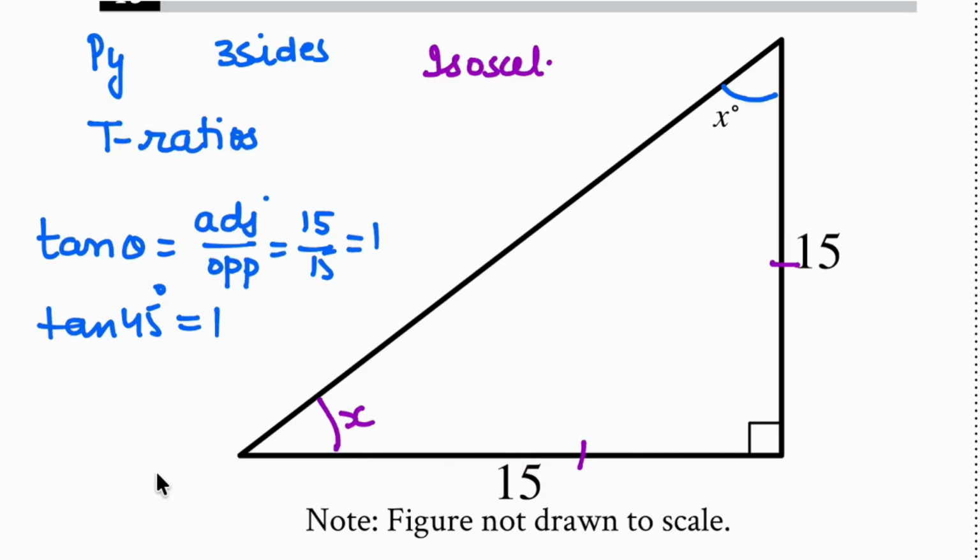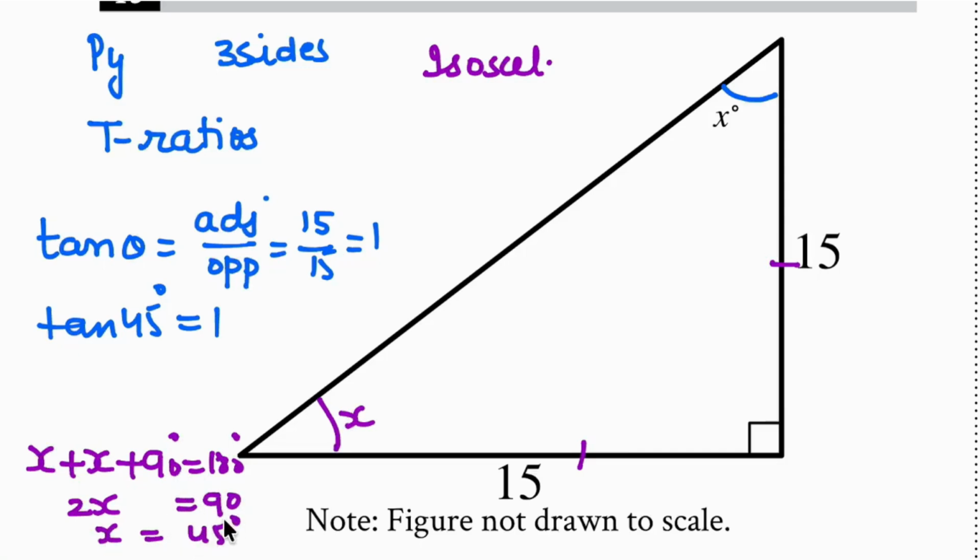Now, if you use the angle sum property, then x plus x plus 90 degrees is equal to 180 degrees. So 2x plus 90 degrees is equal to 180 degrees, and subtracting 90 on both sides, x is equal to 45 degrees. That means the value of x is 45 degrees. Now, this is the proper way of solving the question.